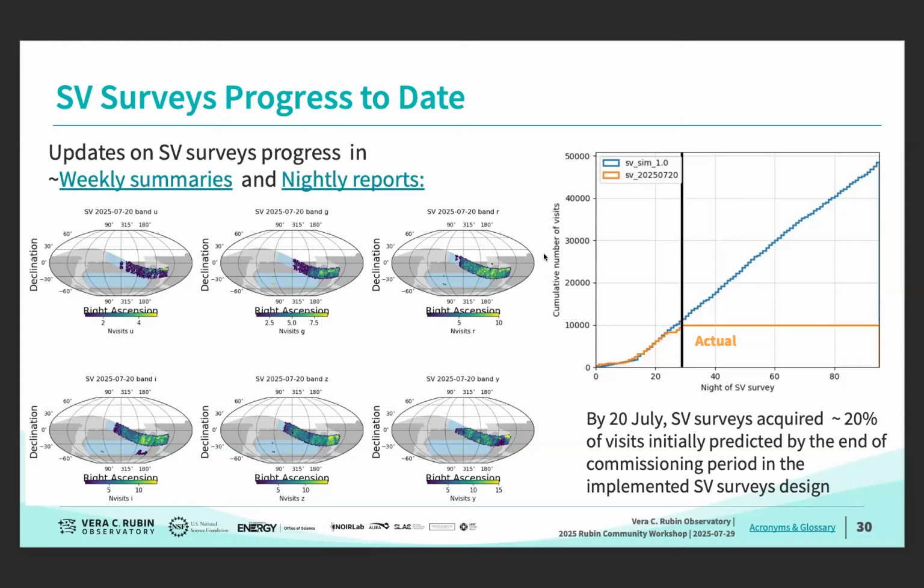So I think what I would say is that from a technical capability standpoint, we're pretty close to holding pace, but I wouldn't be surprised if the final volume of delivered data from the SV surveys was a little bit less than the simulations, both because of weather that is outside of our control, as well as strategic decisions to basically spend more time optimizing the system performance.